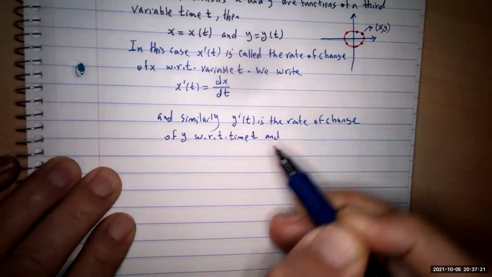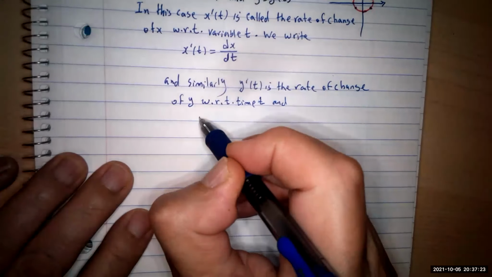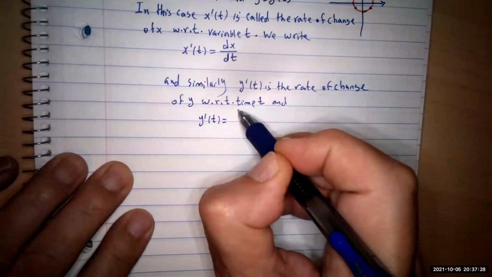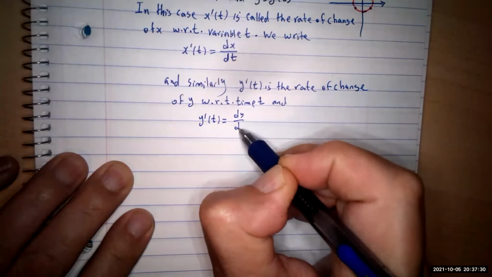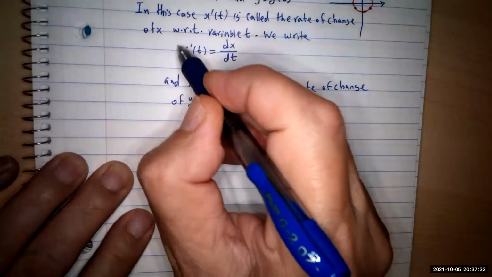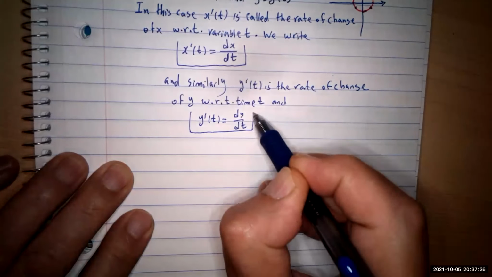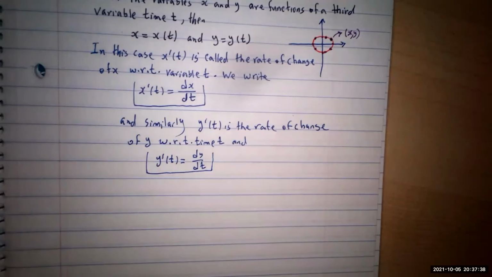And we write y prime of t equal to dy dt. So dx dt is the rate of x, and dy dt is the rate of y. It's going to be your speed, your velocity.